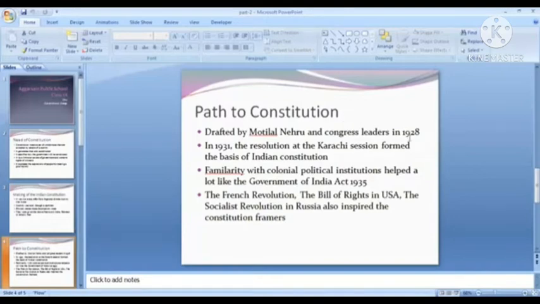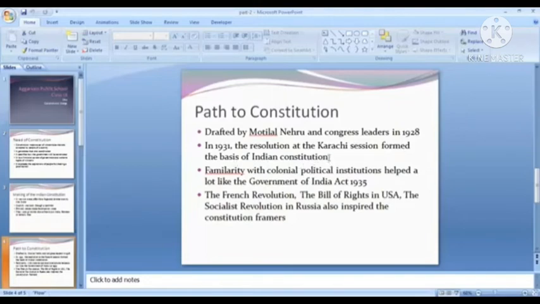And for the first time in 1928, the Constitution was drafted by Motilal Nehru and the other Congress leaders. And in 1931, the resolution at the Karachi session formed the basis of the Indian Constitution.